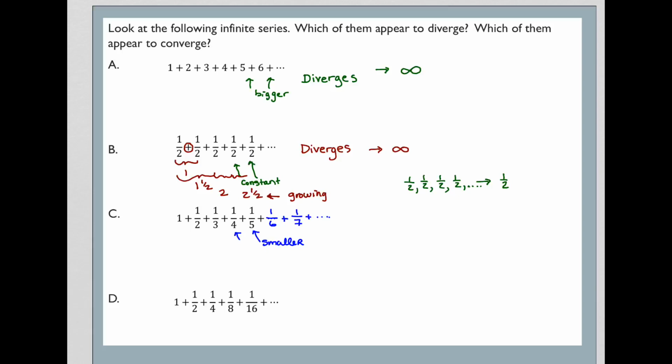Does this series look familiar? We actually talked about this in a previous video. This is what we call our harmonic series. Do you remember what we said about the harmonic series? The harmonic series diverges. Even though the terms are getting smaller, in fact heading to 0, they're not getting smaller fast enough.